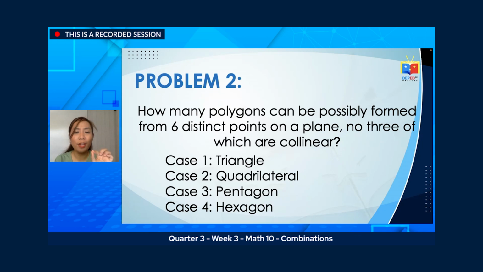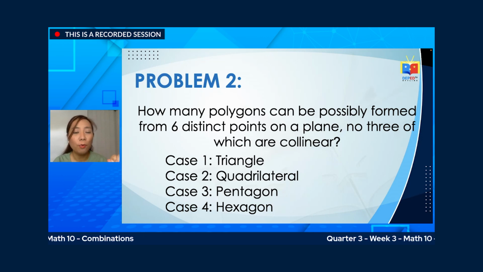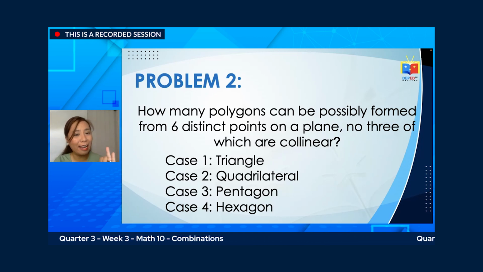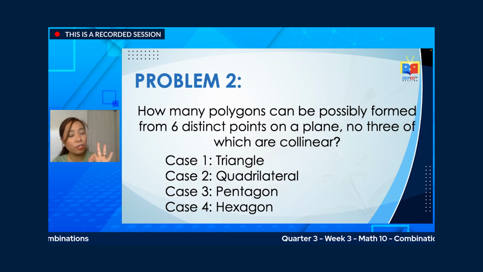So let's proceed in solving. But we wanted polygons. It did not specify how many sides for the polygons. So we will have here 4 cases. Case 1, for the number of triangles formed. Case 2, for the number of quadrilaterals formed. Case 3, for the number of pentagons formed.